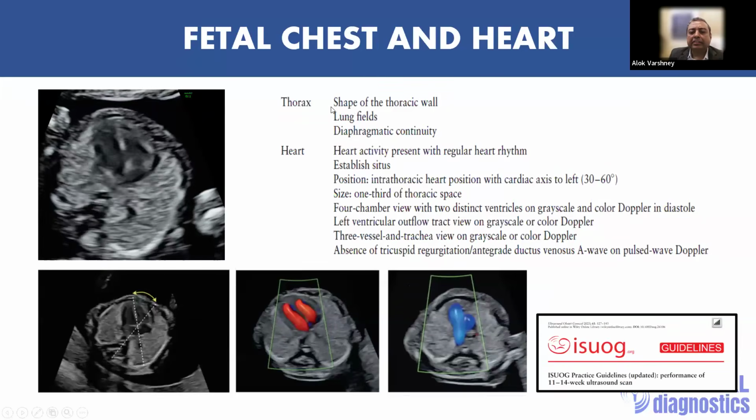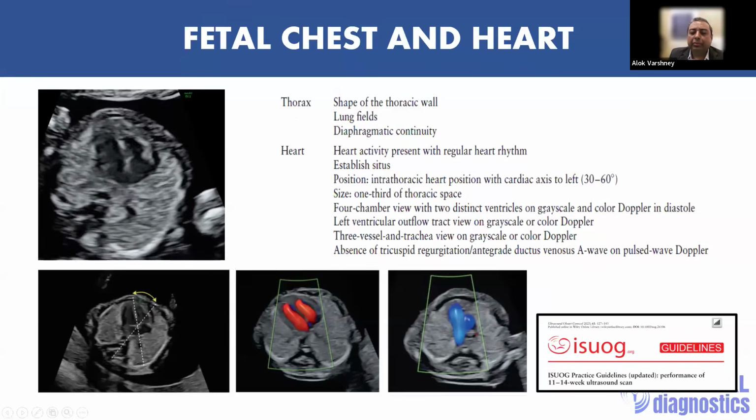So this is a checklist that we need to follow. We need to see the shape of the chest wall, the lung fields. We have to see the diaphragmatic continuity, though the guidelines just show us the axial planes. So to assess the diaphragmatic continuity, I suppose that we need to acquire the coronal or sagittal planes.